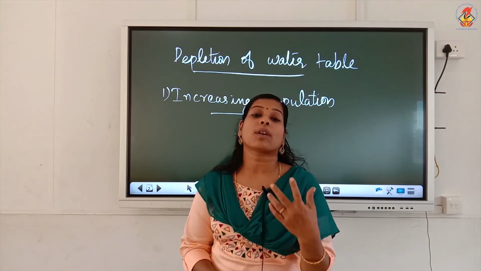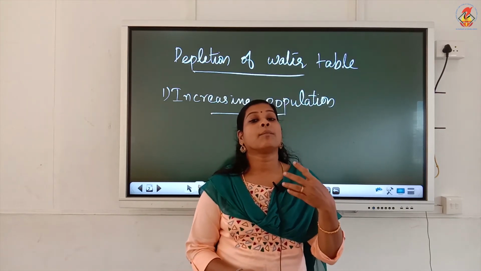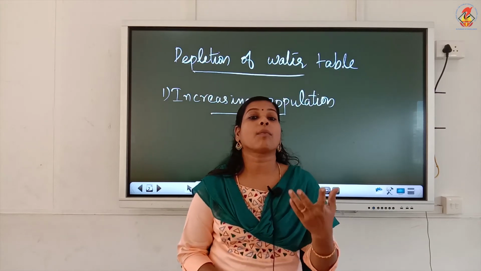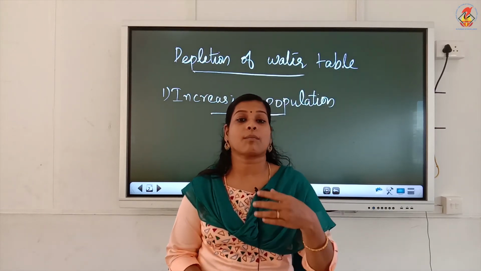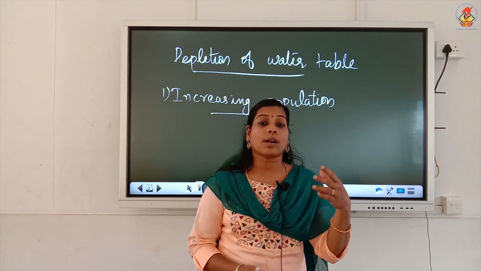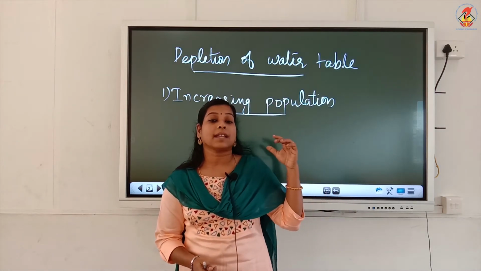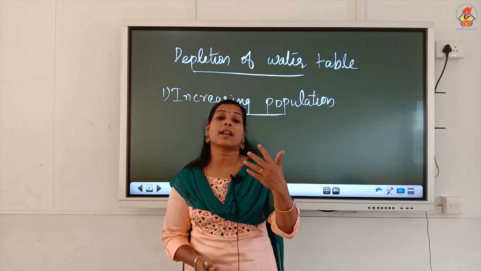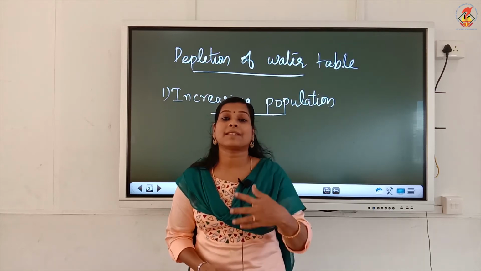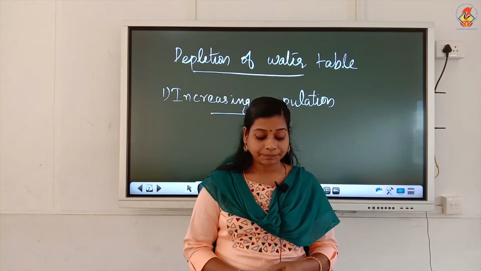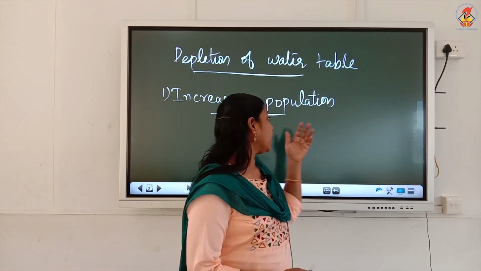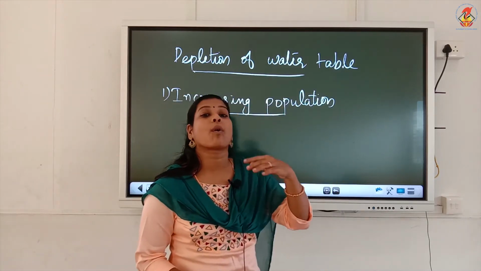We need more movie theaters, more houses, more offices. All this increased population requires their needs to be satisfied. So, for that we need all these things more and more.